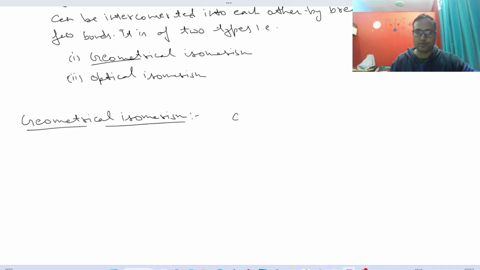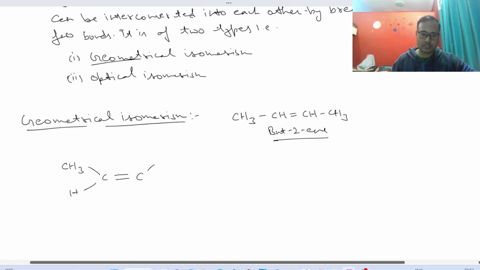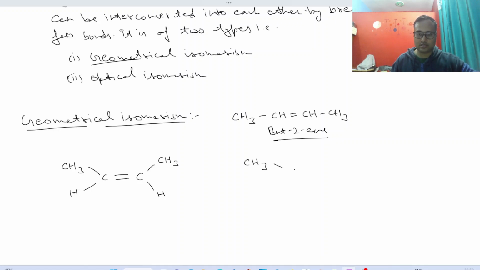Let us take a molecule but-2-ene, CH3, CH double bond CH, CH3. We can draw the structure of but-2-ene around a multiple bond like this. We can place the bulkier groups first on one side and next we can place the bulkier groups on the opposite side of the multiple bond.